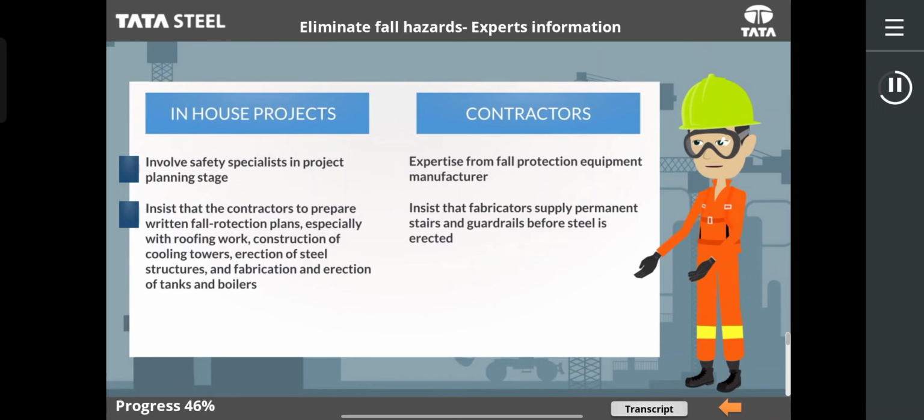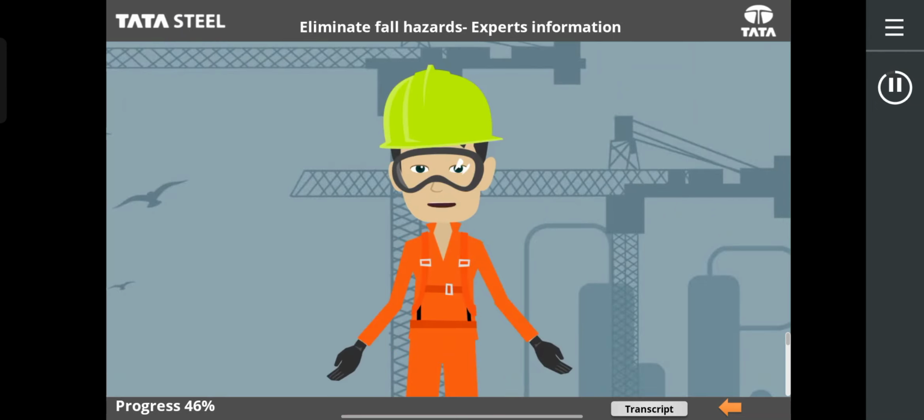In this way, the stairs and steel can be erected simultaneously, improving not only safety but also efficiency. If it is not possible to eliminate the fall hazard from the work environment, the next step will be to install protective equipment and provide training to prevent the fall hazards.